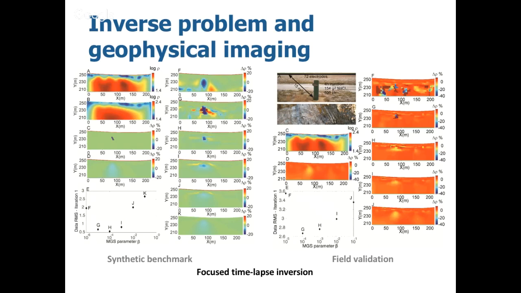One topic that we recently published last year, an overdue publication also with Andreas, is a minimum gradient support inversion, a focused inversion of a time-lapse tracer. I don't know if you're familiar with the MGS, or minimum gradient support, approach that's been developed by Zdanov, for example.